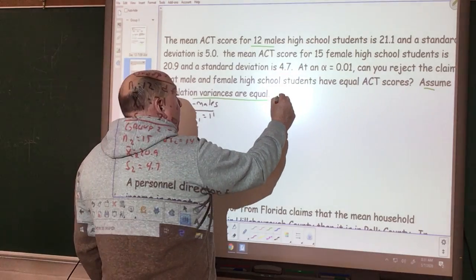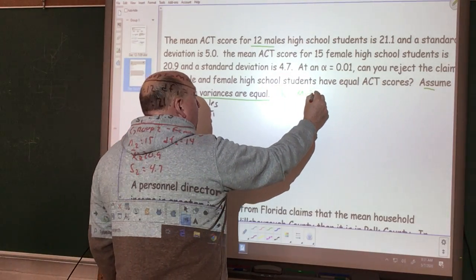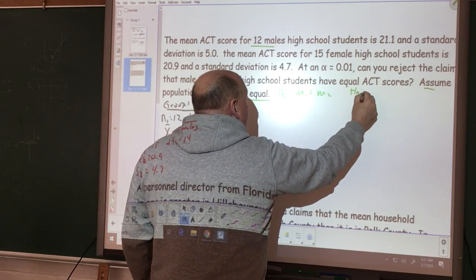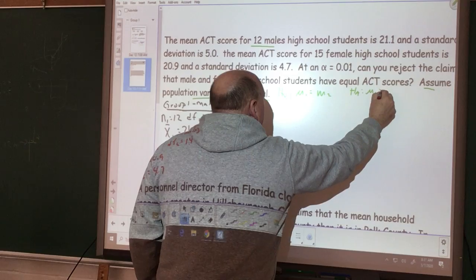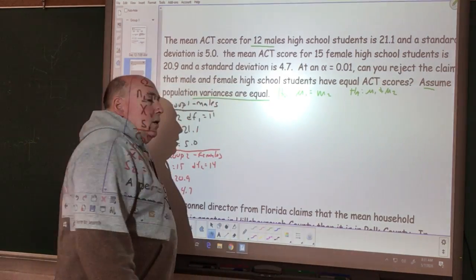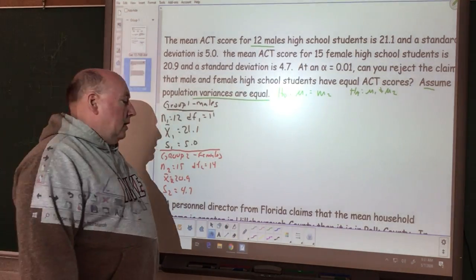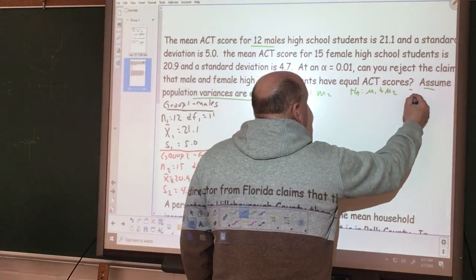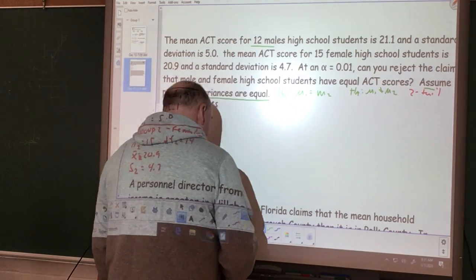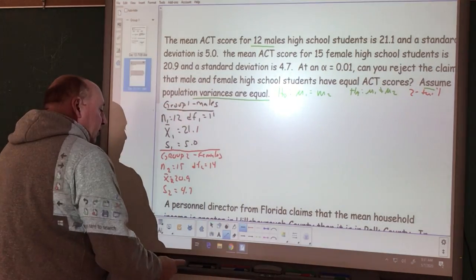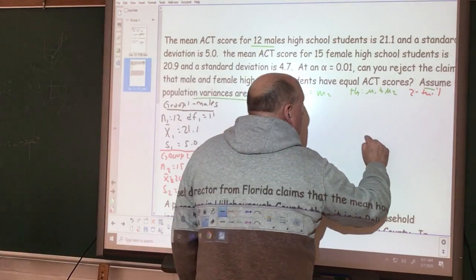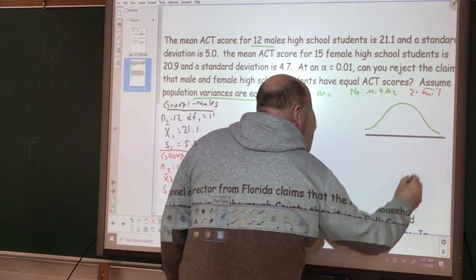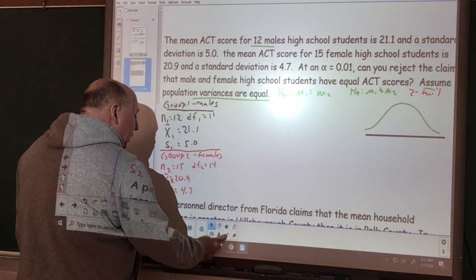So we have the null, mu1 equal to mu2, the alternate, mu1 not equal to mu2. So we have a two-tail test. We are two-tail. So we look at our bell-shaped curve. We have a two-tail test.